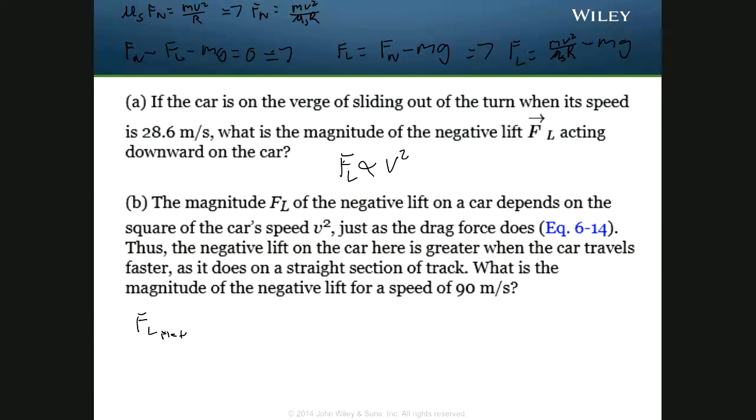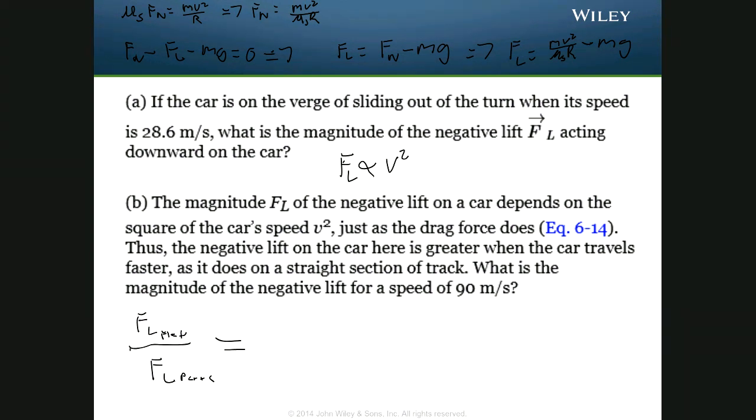So to get rid of all the stuff we don't know, we can look at FL flat over FL from part A.